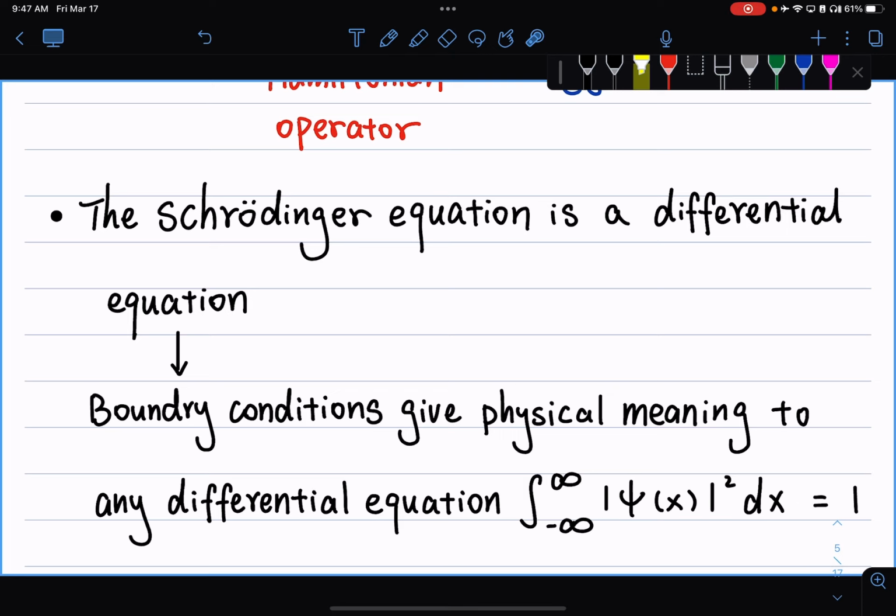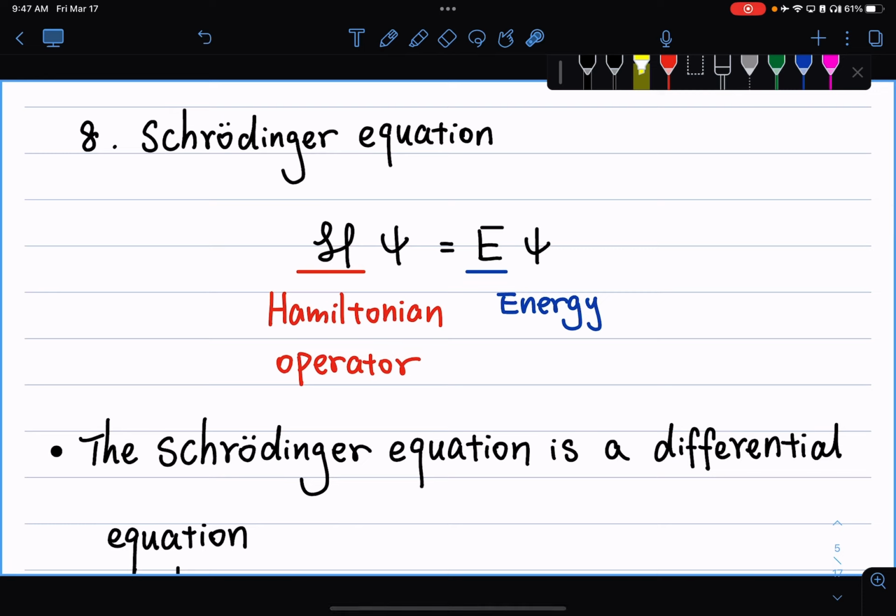And when you take the integral of that probability density through all space, it must add up to be 1. So the nature of our wave function here is a probability wave, and because of the boundary condition, we call it a probability wave. It gives you the probability distribution of where we can find that particle in space.